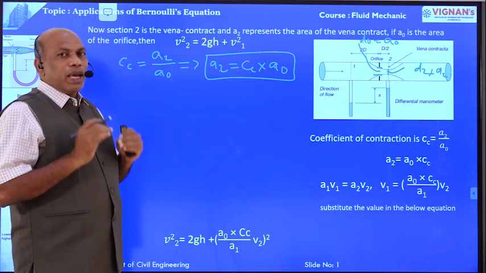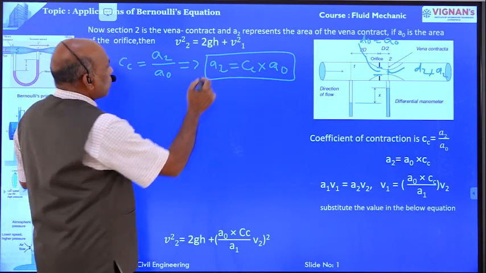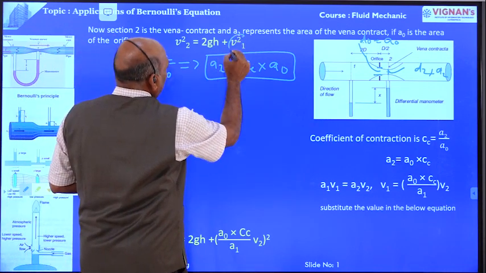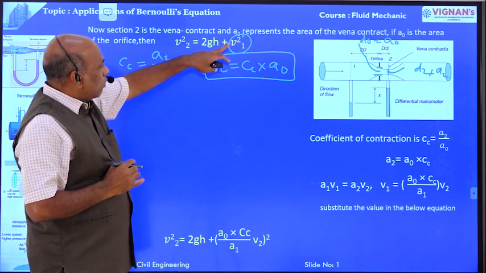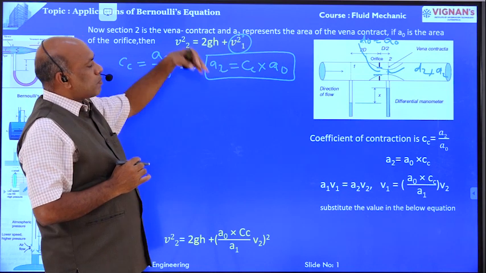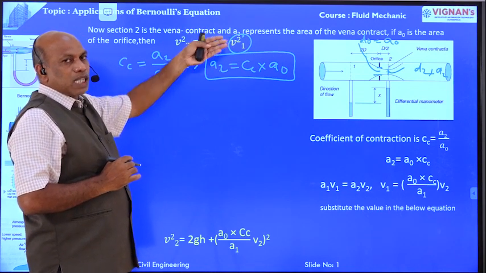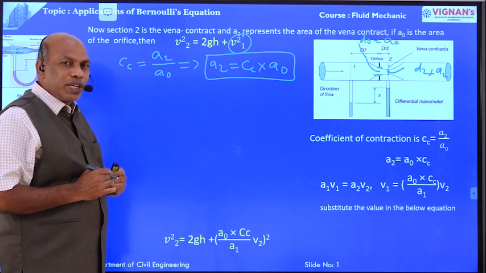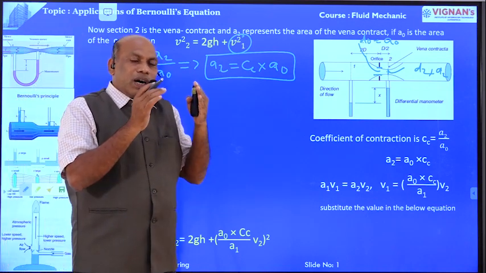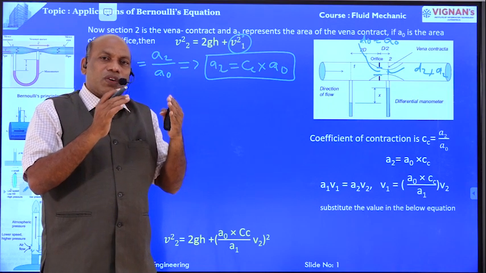Apply the continuity equation. We want to determine the value of V1 in terms of V2. That's why we are going to apply the continuity equation. What is the continuity equation? A1 V1 is equal to A2 V2.